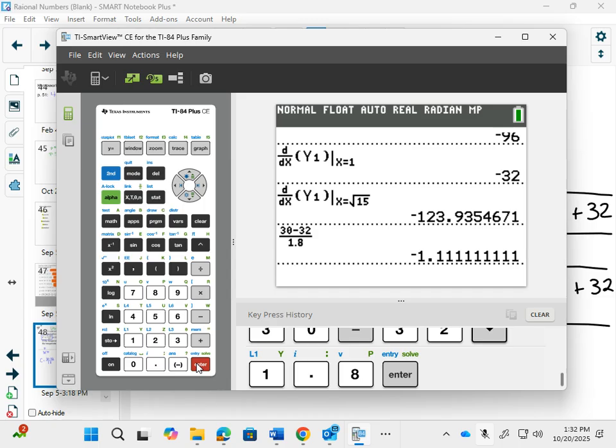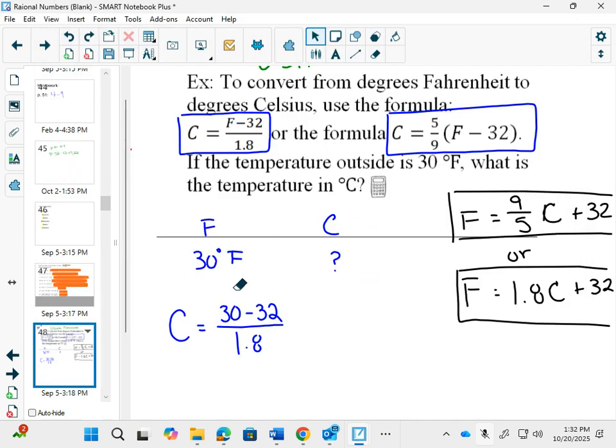If you don't have a calculator that types it in exactly, we need to do some of the math first. We can do this 30 minus 32 on our own first. Again, you have your calculator, so do it in your head.